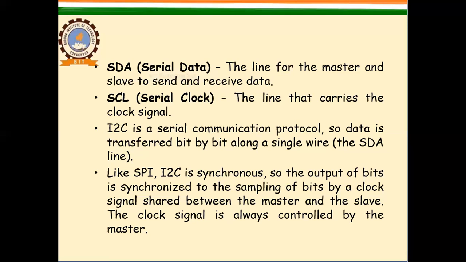Like SPI, I2C is synchronous as it uses a clock signal, so it's also a synchronous protocol. The output of bits is synchronized to the sampling of bits by a clock signal shared between the master and the slave.